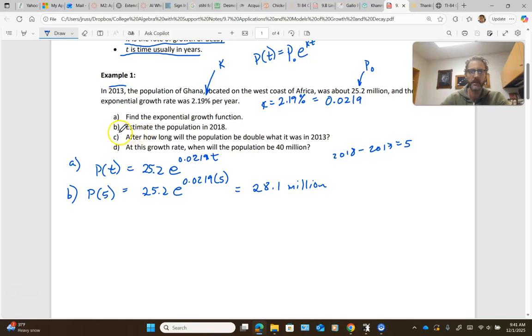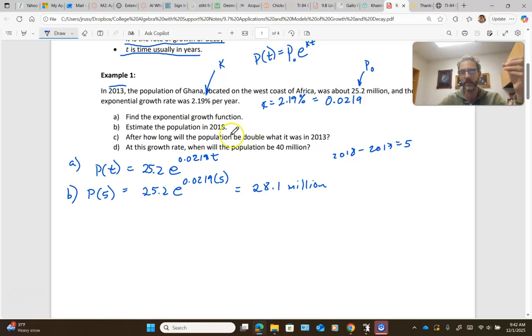Now, part C says, after how long will the population be double what it was in 2013? Well, the way we solve this one is we're not trying to figure out what the population will be after so many years.